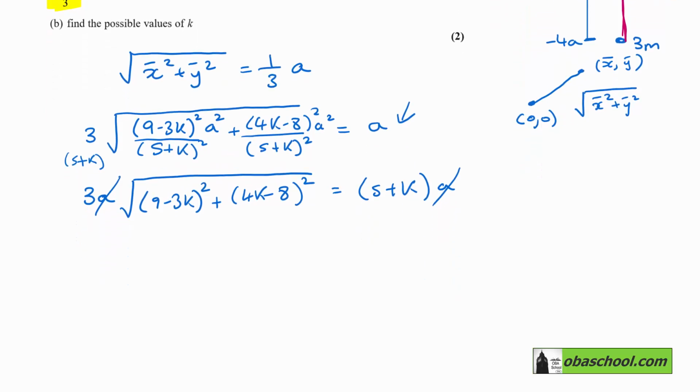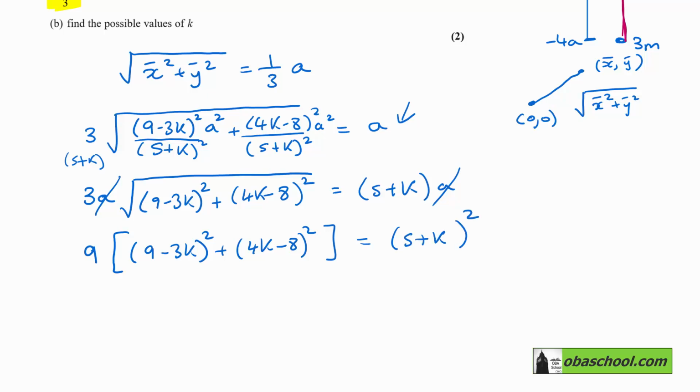So let's square both sides of this. Then we've got 9 times (9 minus 3k) all squared plus (4k minus 8) all squared is equal to (5 plus k) all squared. Now we can expand all of that out and simplify.